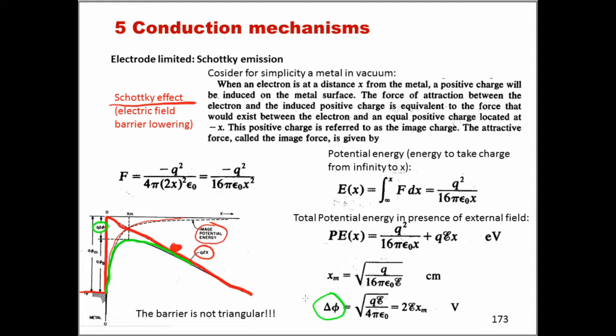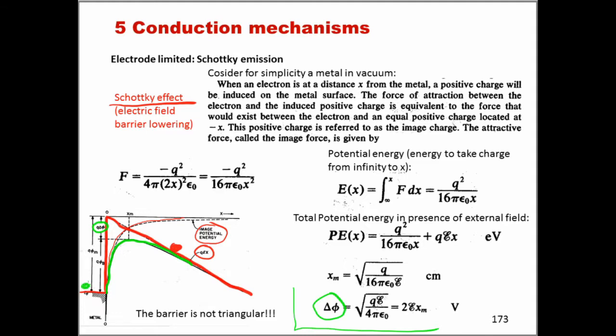If we look at this formula here, we can see that the barrier lowering delta phi depends on the external electric field we have applied. The higher the electric field, the larger delta phi. This means that the higher the external field we apply, the lower the barrier becomes, as seen by the electrons in the metal.